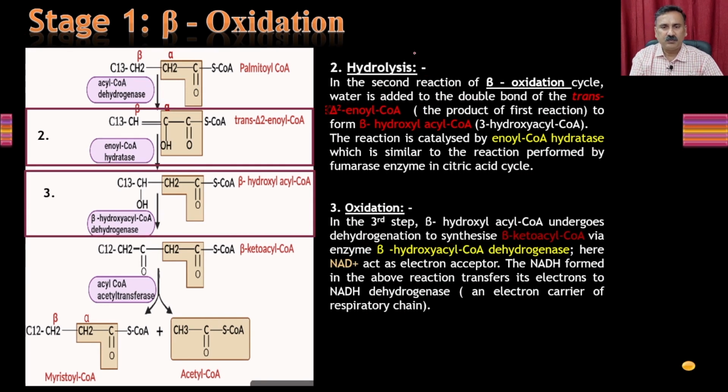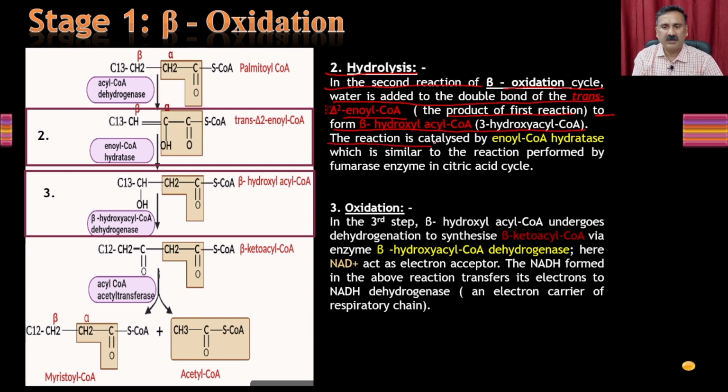Now in step 2, you have the hydration. In the second reaction of the beta oxidation cycle, water is added to the double bond of the trans-enoyl CoA, the product of the first reaction, to form beta-hydroxyacyl CoA, or 3-hydroxyacyl CoA.